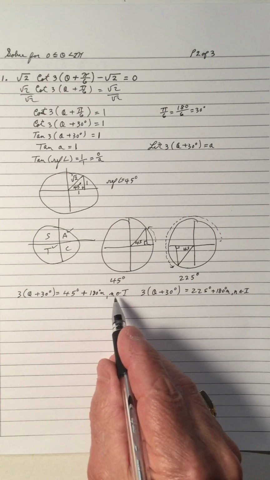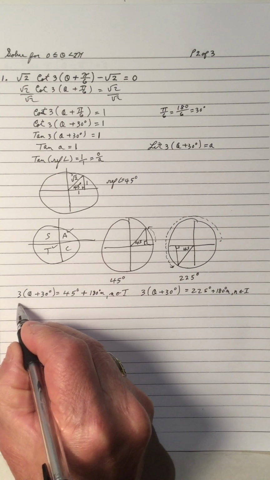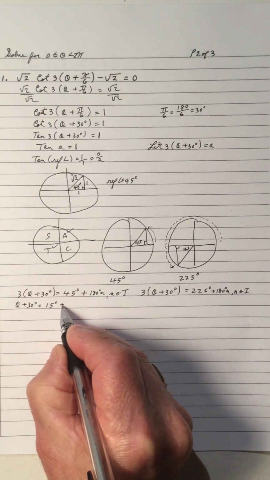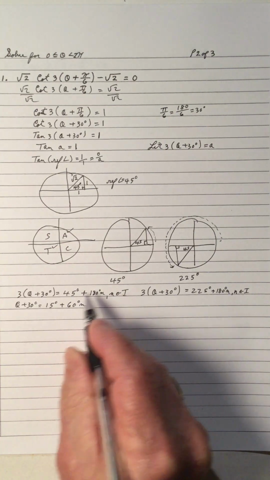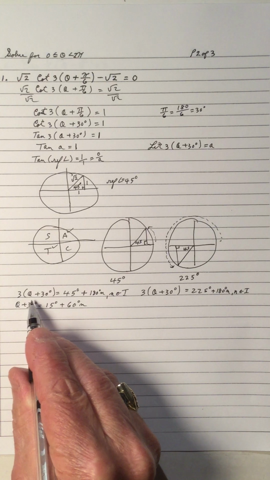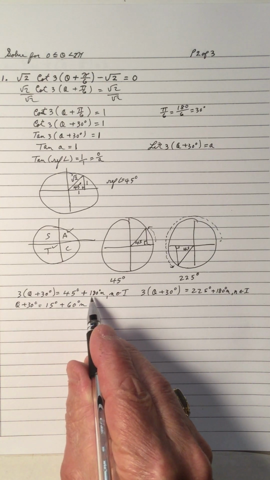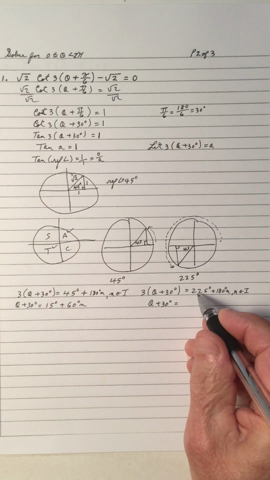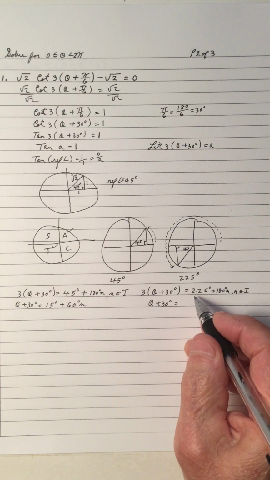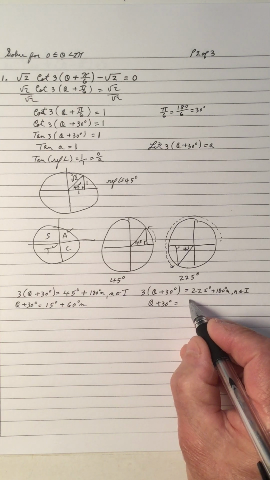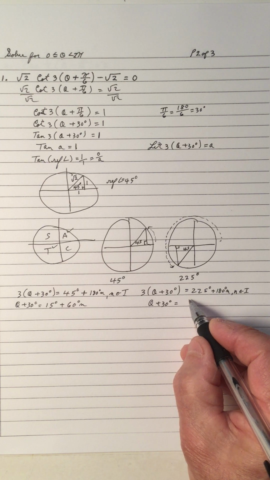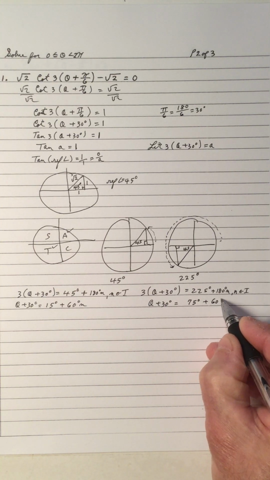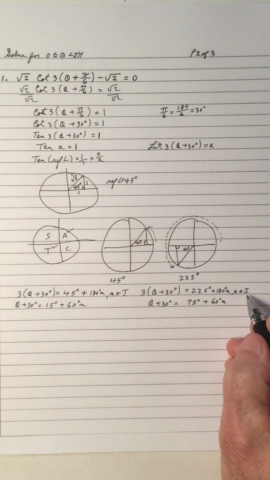So I have to solve this out now. I'm dividing by 3, so theta plus 30 degrees equals 15 plus 60n. I divide by 3 here: 45 divided by 3 is 15, and 180 divided by 3 is 60. Again here I'm dividing by 3, and 225 divided by 3 is 75, and 180 divided by 3 is 60, and n belongs to the integers.